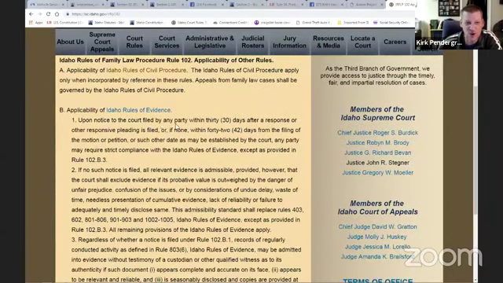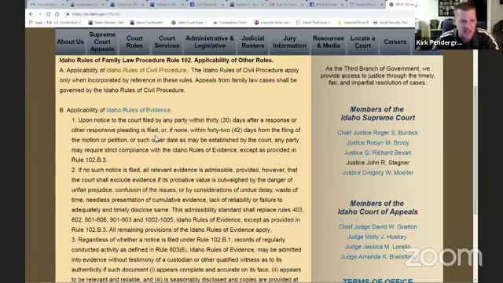Upon notice to the court filed by any party within 30 days after a response or other responsive pleading is filed. So if in the event that you don't do the notice of special appearance objecting to the personal jurisdiction, and you legitimately want to fight this, especially if you're the moving party, right? And you want to try and go through this, or you're being subjected to this, you still can go back and object to the jurisdiction, but it's gonna be tough.